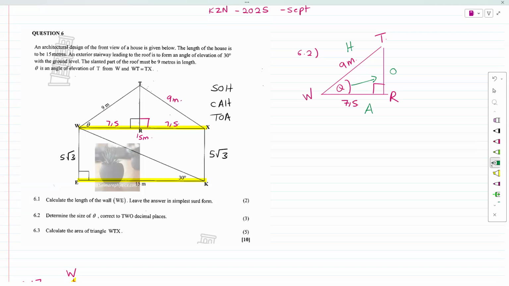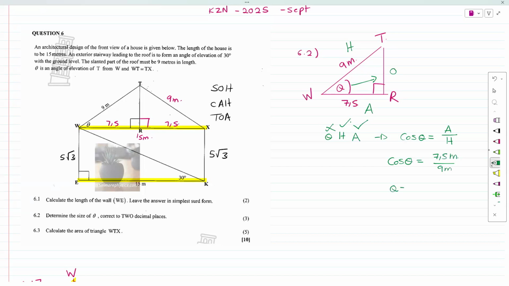What I have is I want theta. I got my opposite, and I got my adjacent. So in terms of SOHCAHTOA, let's look at it. Nope, I don't have opposite. I got hypotenuse. In terms of SOHCAHTOA, I have cos. So cos of theta equals A over H. Cos of theta equals A, which is 7.5, over H, which is 9.